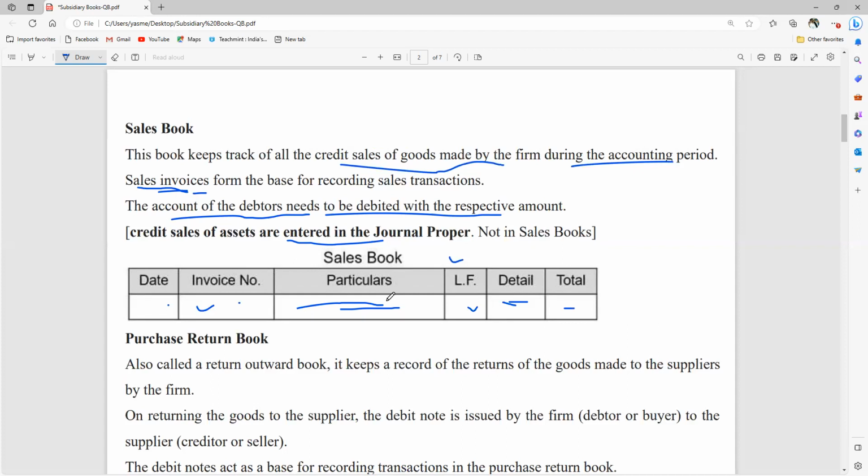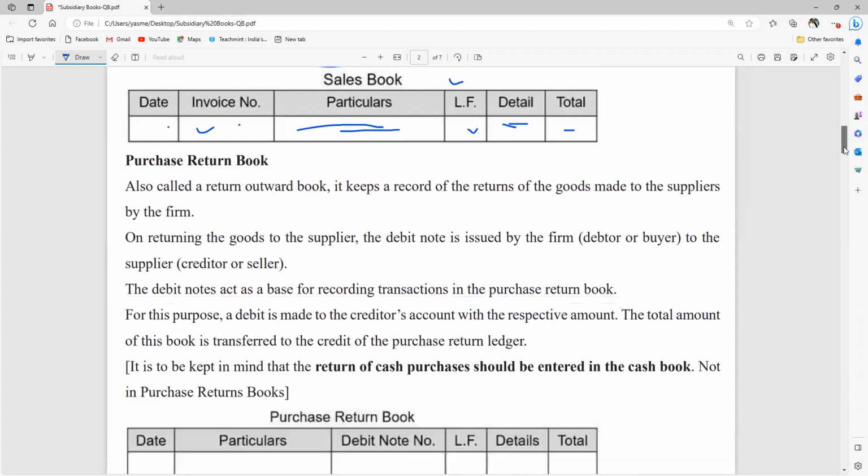So it is so clear that if you are purchasing or selling only business goods, that may be in the form of inventory, stocks, or any final goods that we are buying and selling in the market, that is what we call business goods. Only about those business goods purchases and sales, and credit transactions only, we are recording in the subsidiary books of purchases and sales.